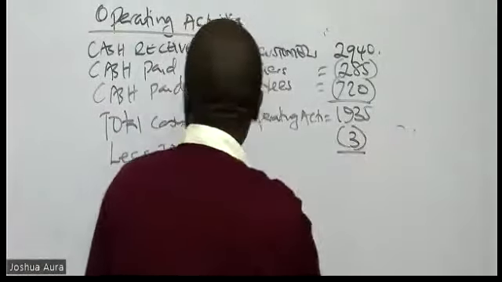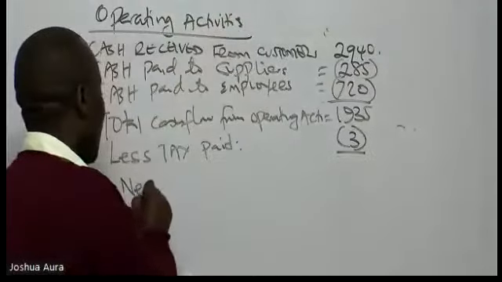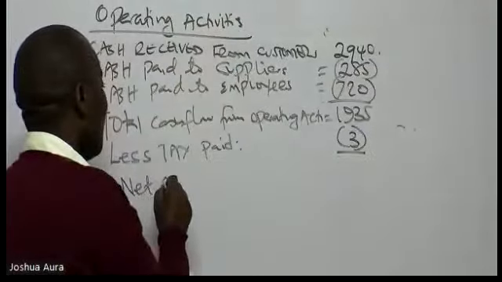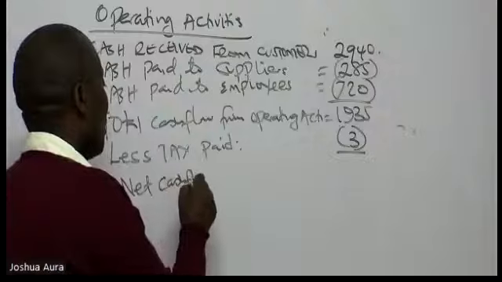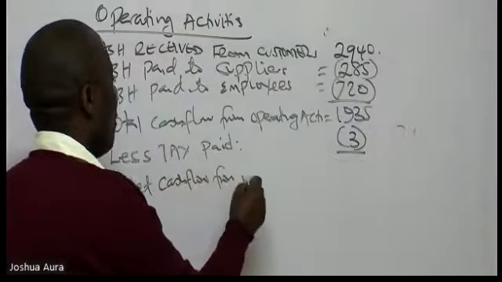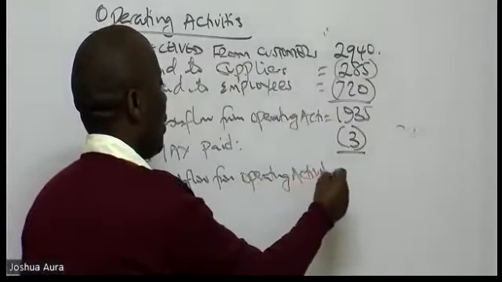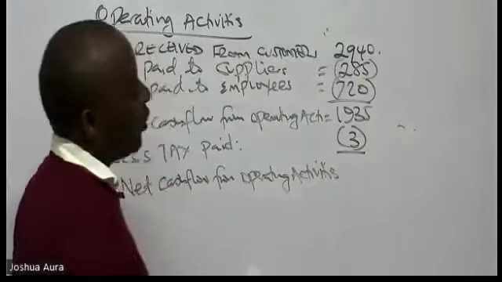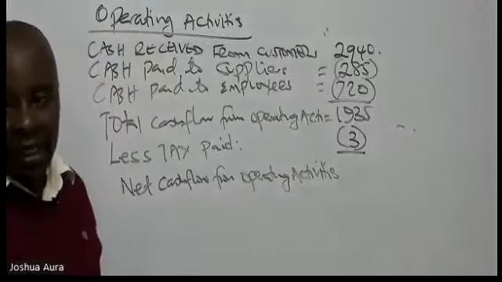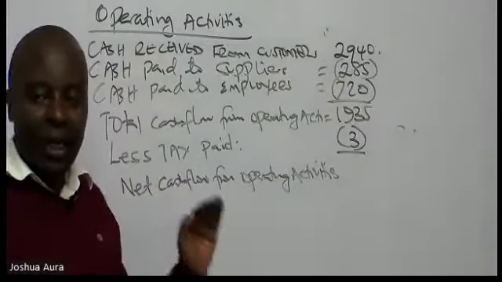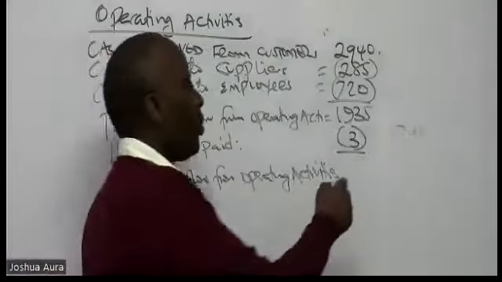So when you subtract like that, then you should be able to get a net cash flow from operating activities. So 1935 minus 3 gives me 1932.